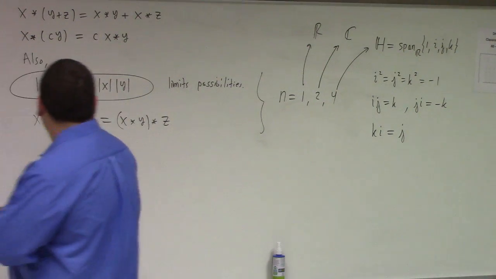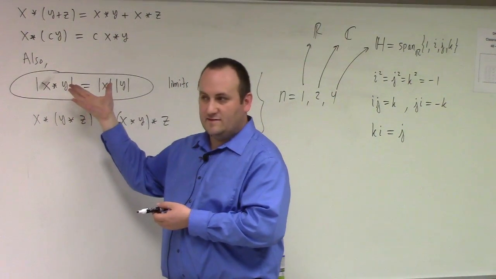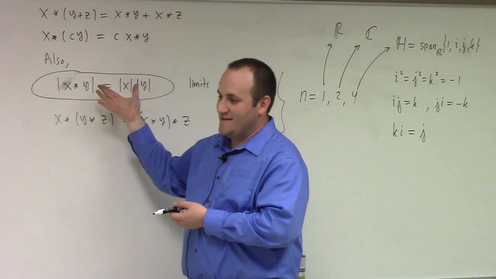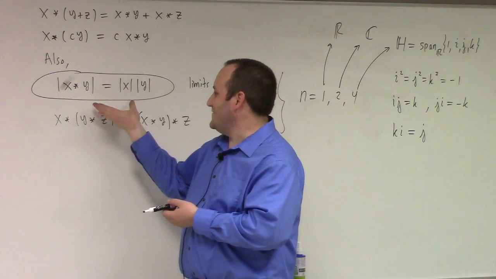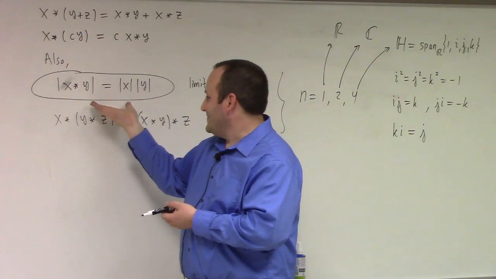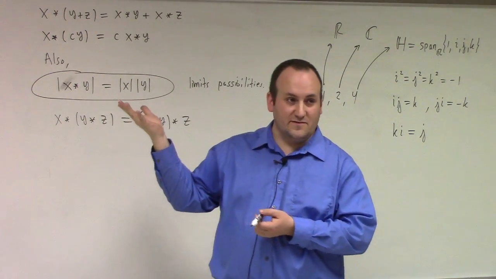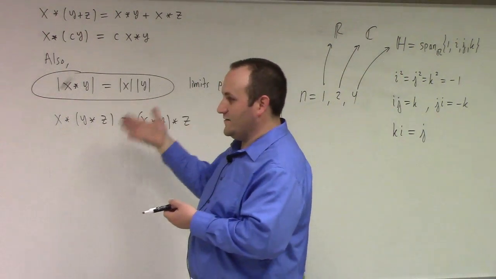A rather famous story is that Hamilton looked for something like this in the 1840s in 3 dimensions for like 10 years, a long time. He just mulled over this problem and tried and tried.